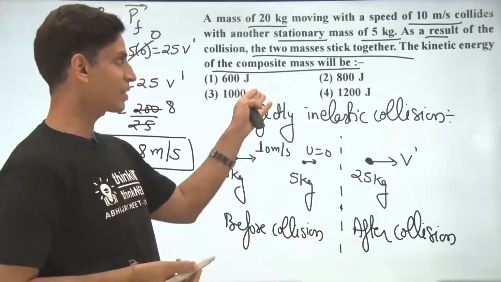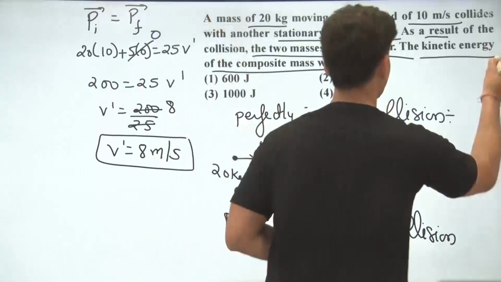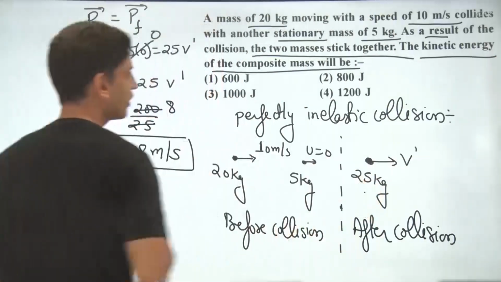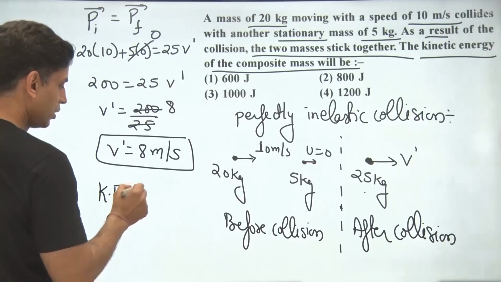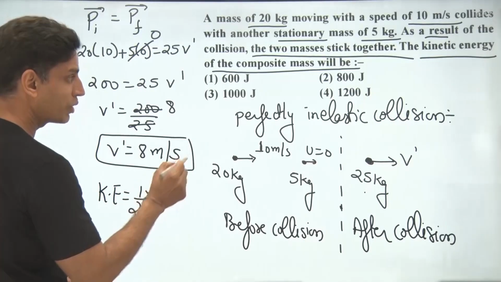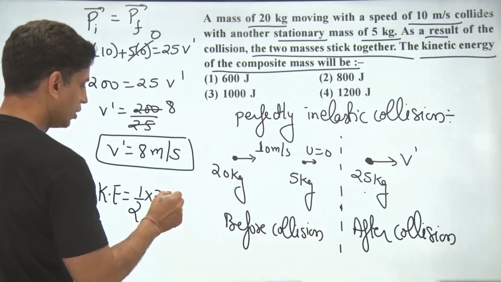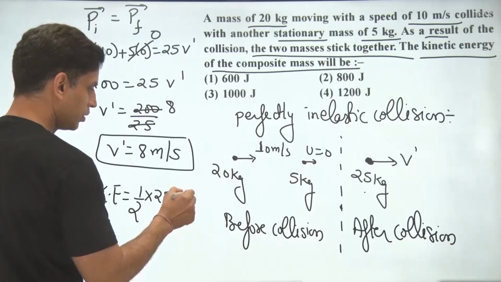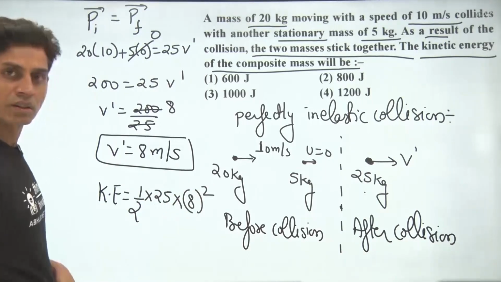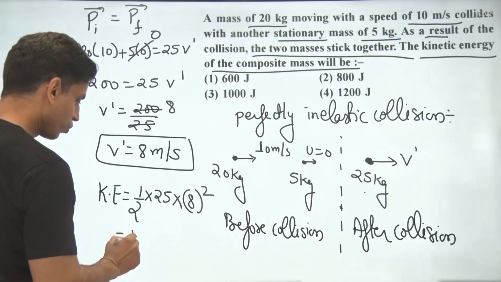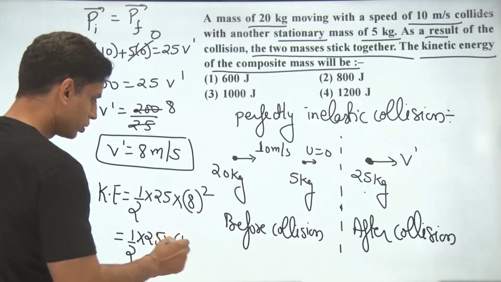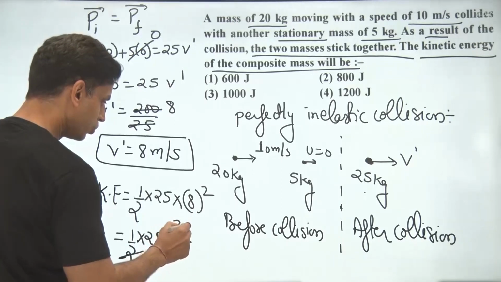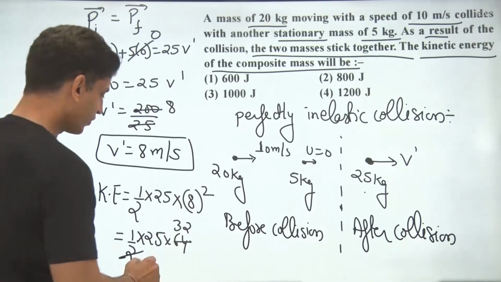The question is asking the kinetic energy of this 25 kilogram after the collision. So the kinetic energy is equal to half. Mass is how much? 25. Velocity is how much? 8. This will be the kinetic energy. Got it? So it is 1 by 2 into 25. It is 64. This is 32. Now 32 into 25.